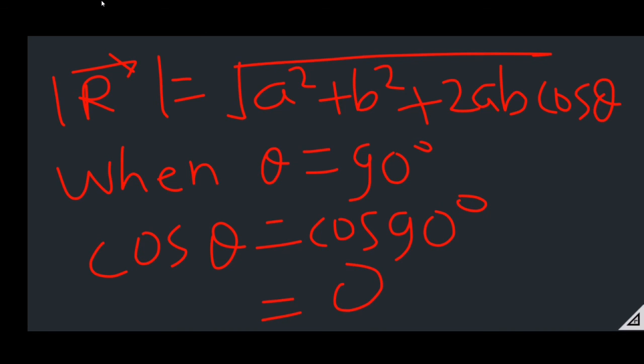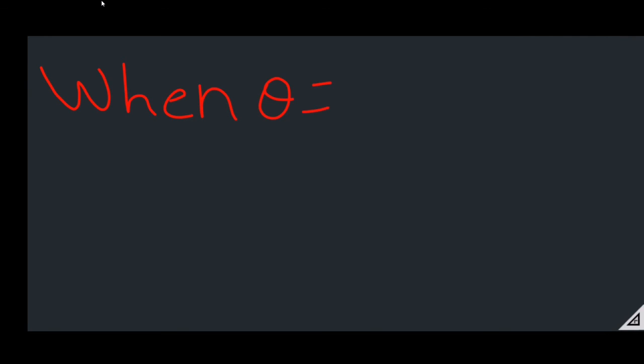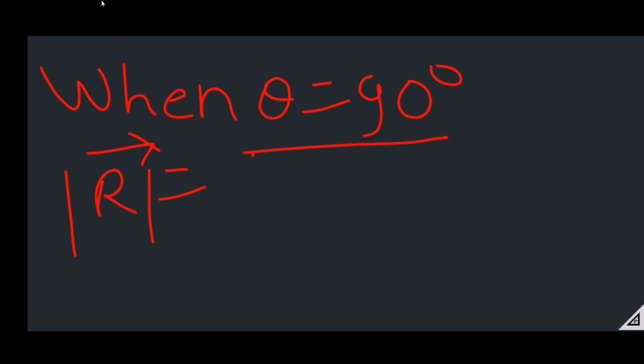So this whole part becomes 0 in such a case. Then the magnitude of the resultant R vector will be only root under a square plus b square. So when theta equals 90 degree, the magnitude of R vector is root under a square plus b square, and it is the medium value of magnitude of resultant.